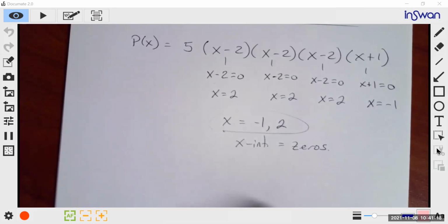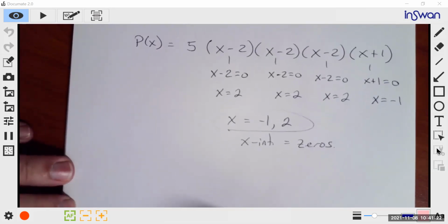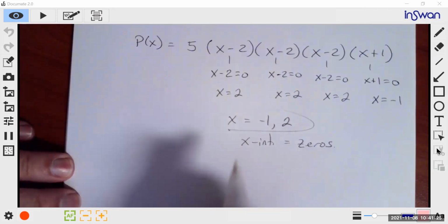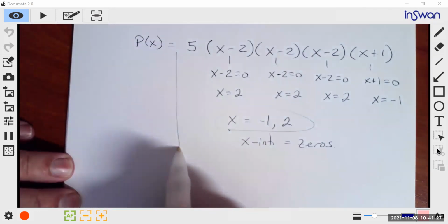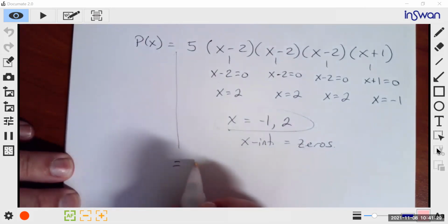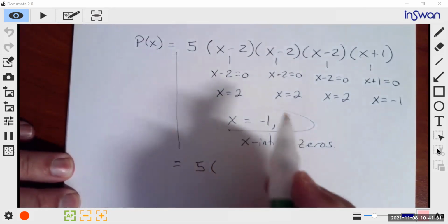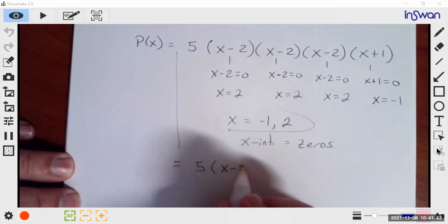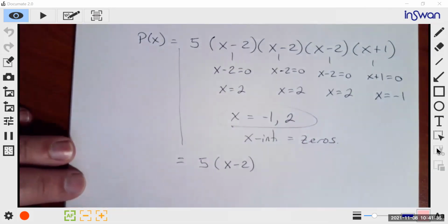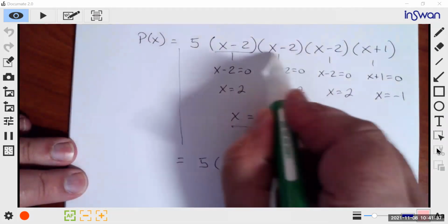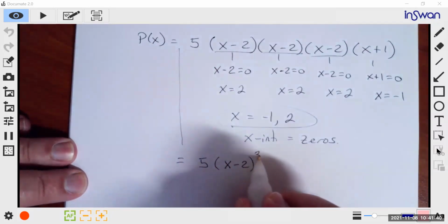We can graph this. If we look at this equation, how many x minus 2's do we have? So we have 3 of them.